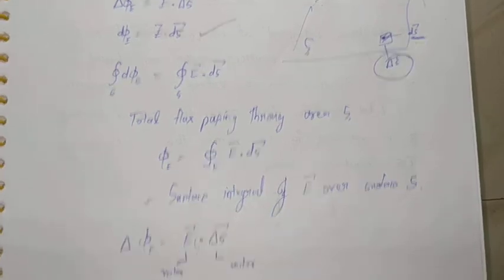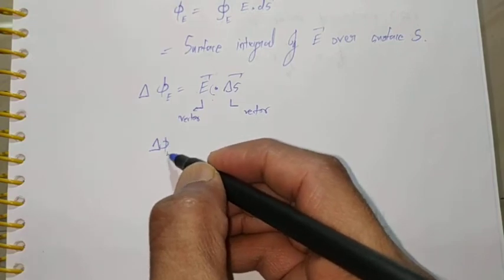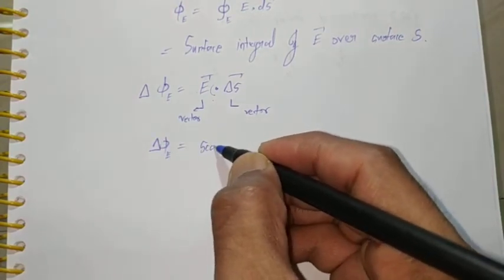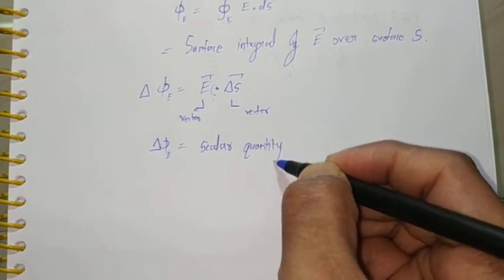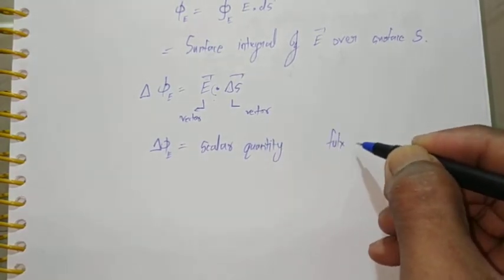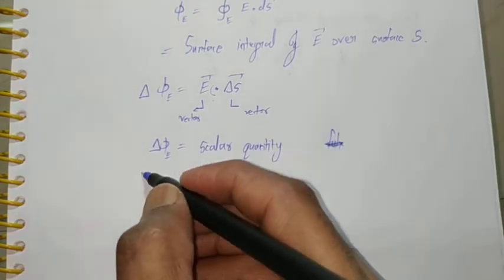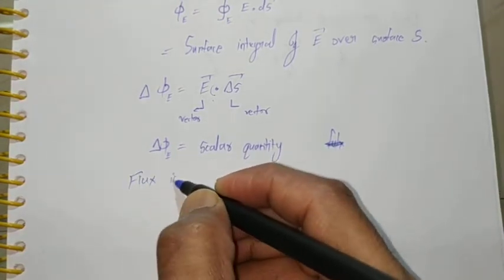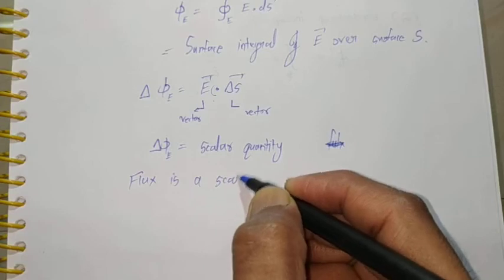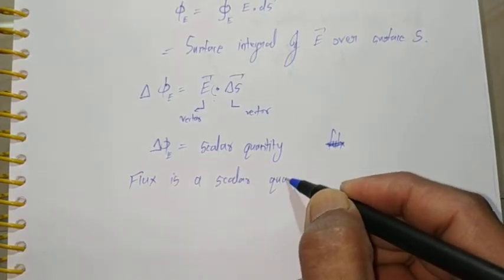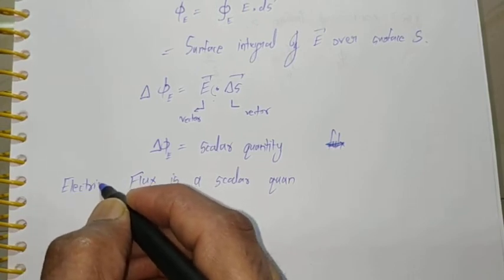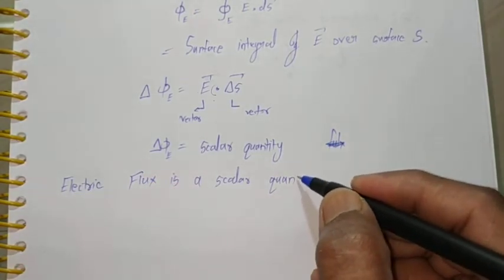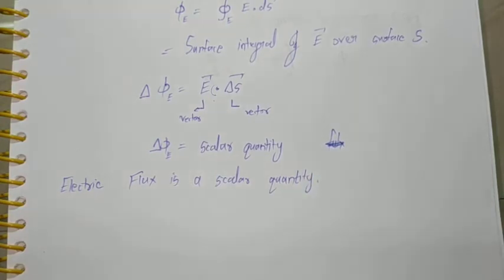So delta phi E will be a scalar quantity. So flux, or more precisely, electric flux is a scalar quantity.